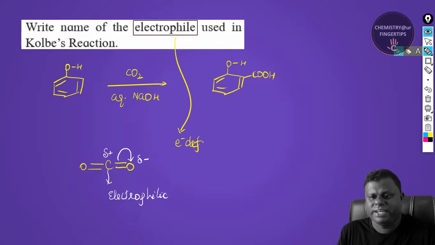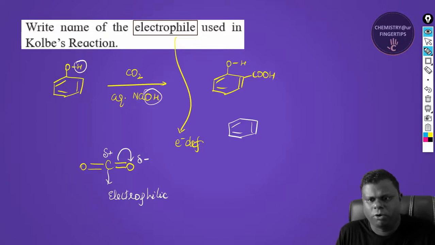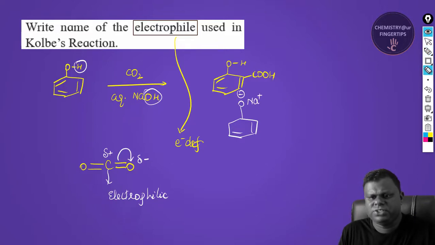Now let's see how the reaction actually goes. Initially you get the sodium phenoxide ion, as the H and the OH leave in the form of water. So you will be getting O with a negative charge and Na with a positive charge. For my convenience, I'm just shifting the position of the double bonds, the pi bonds, so I'll have a double bond here, here and here. Now this oxygen with a negative charge has three lone pairs.